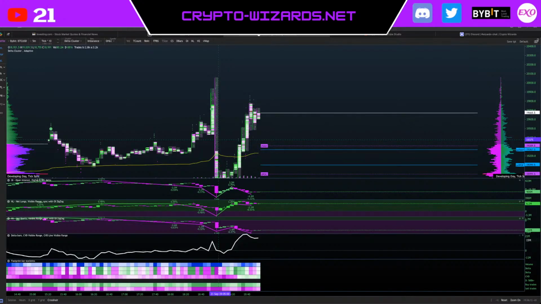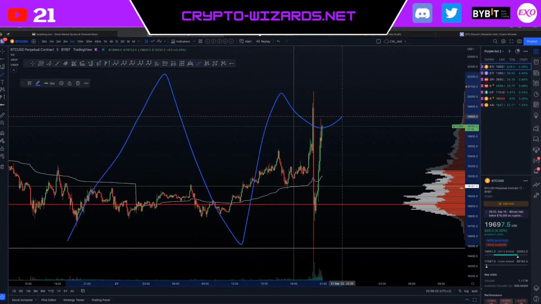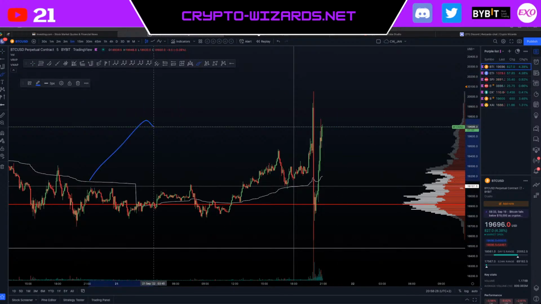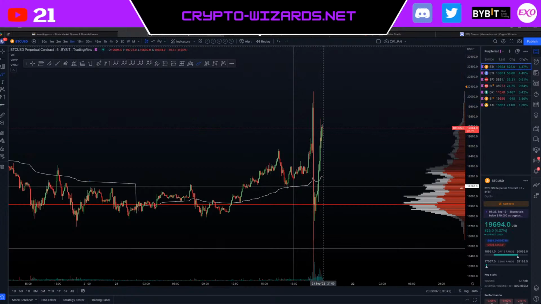So for me, it's better to have a better equity curve. So instead of having this, I have this. And it's not even usable with a funded account.